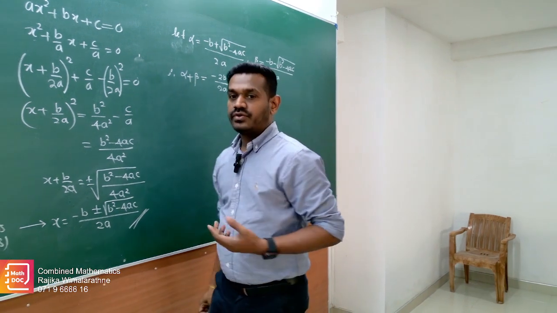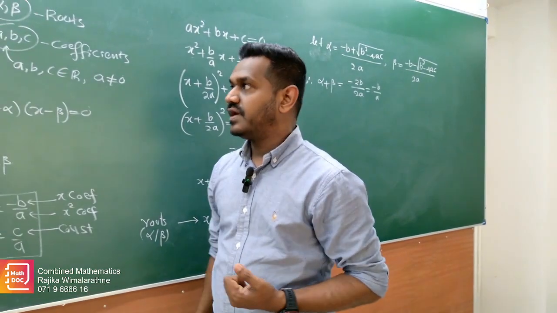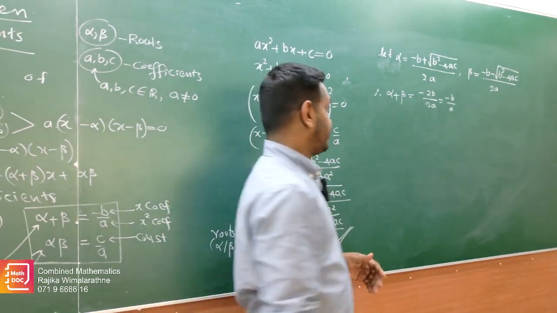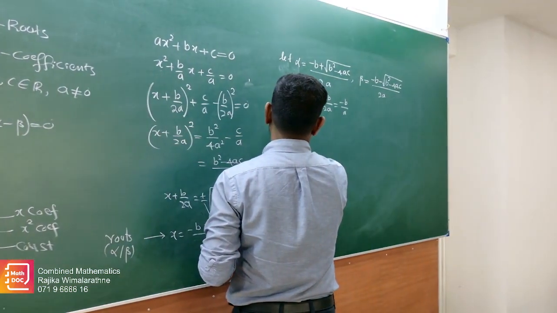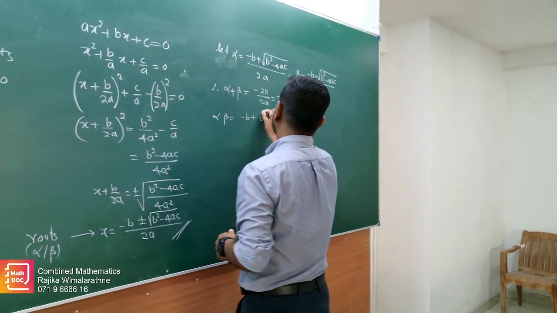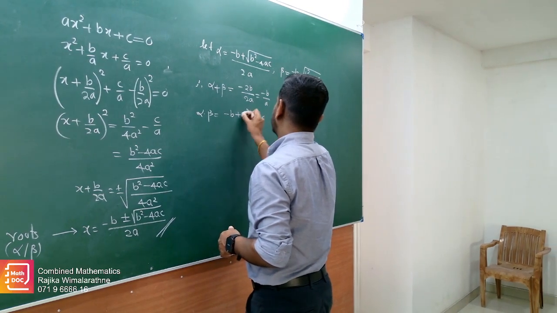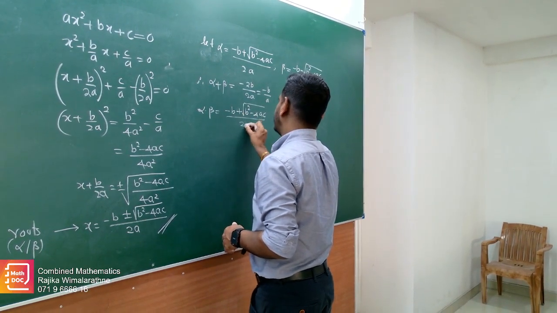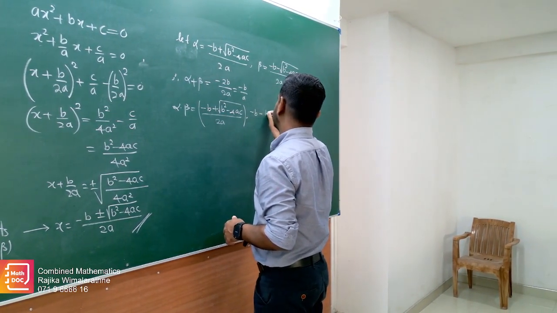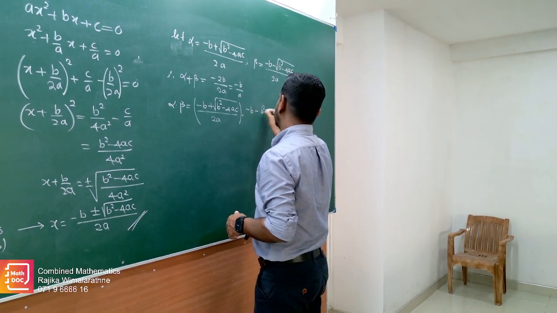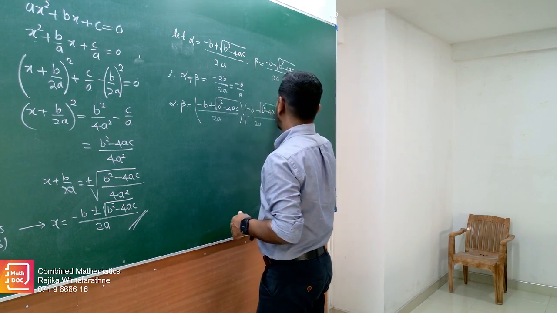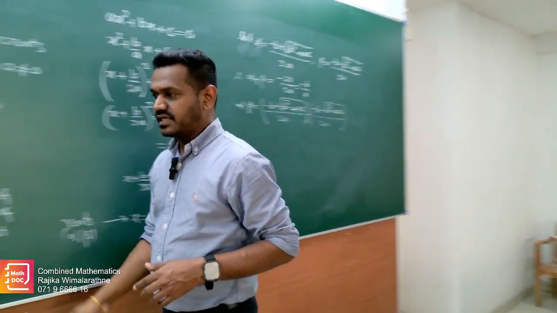That's how we obtain the root sum. Then similarly, we can go to the root product. Alpha times beta equals minus b plus the square root of b squared minus 4ac divided by 2a, times minus b minus the square root of b squared minus 4ac divided by 2a. Okay, now we can simplify this.